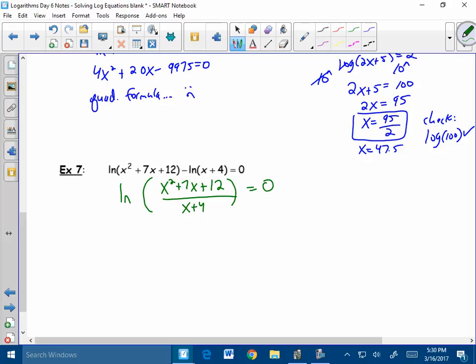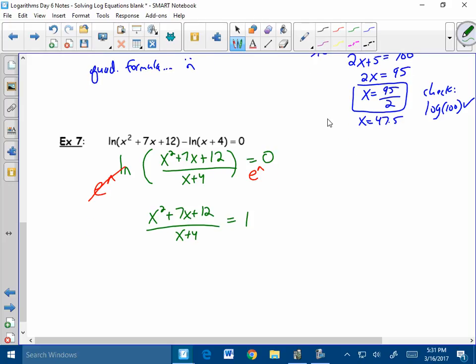And then I've got my one single log right now. So I can go ahead and exponentiate. ln means I'm going to use base e. So base e and base e, those cross out. So I just have this fraction, x squared plus 7x plus 12 over x plus 4. e to the 0 is 1.